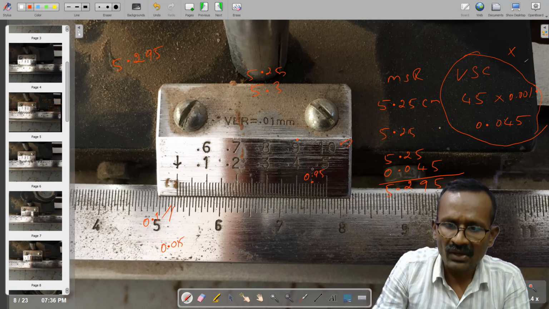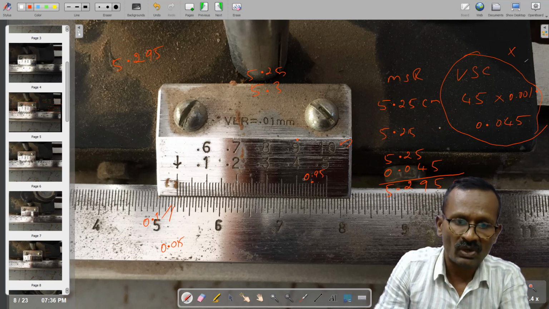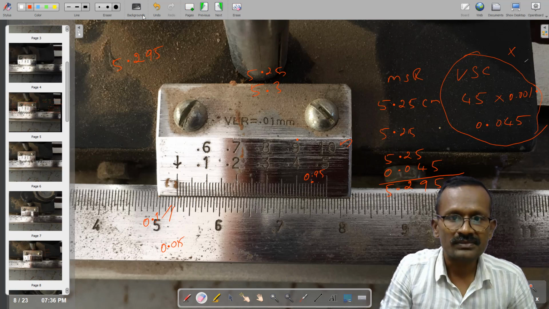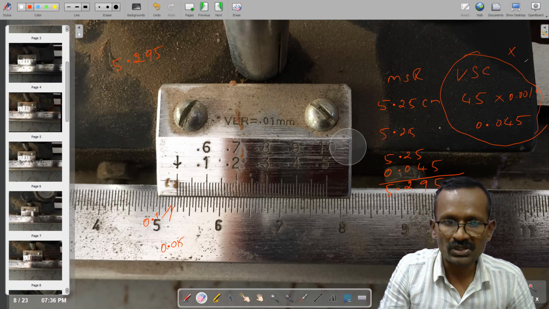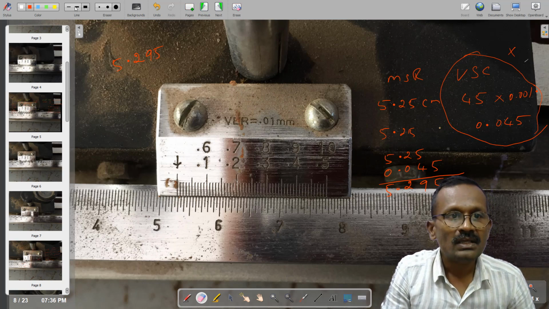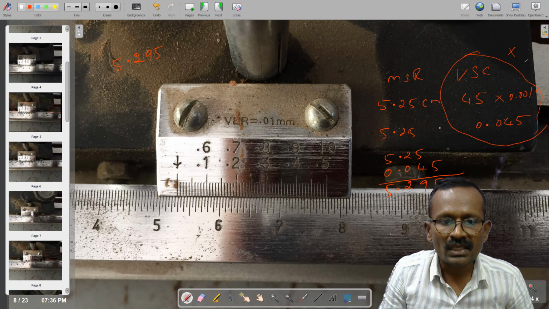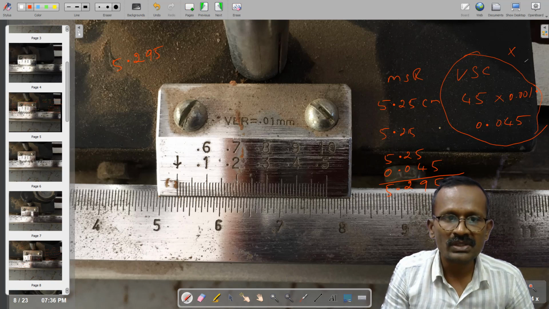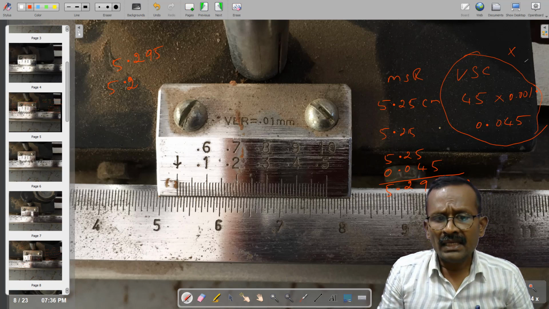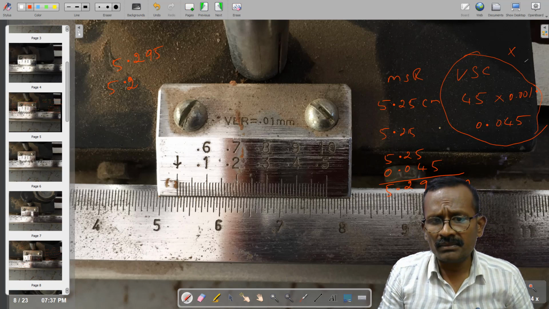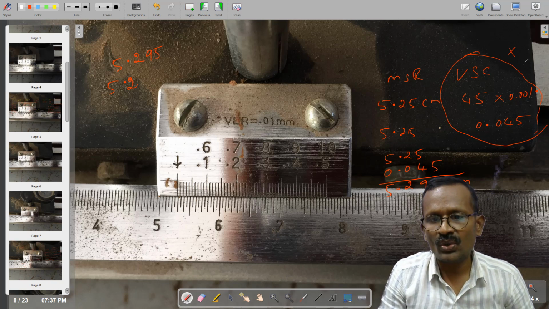For that, you have to take this one. Now I tell you, don't bother about this one. Again, repeat it. It crossed 5.25, so now you have to take 5.2. The reading is 5.2. It crossed what? The 0.05 division. So you go here.